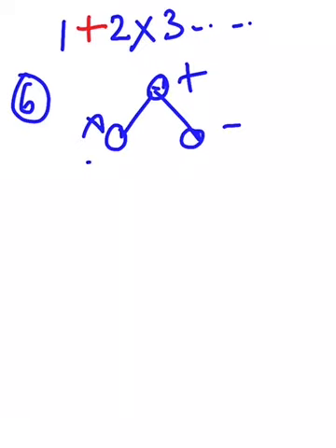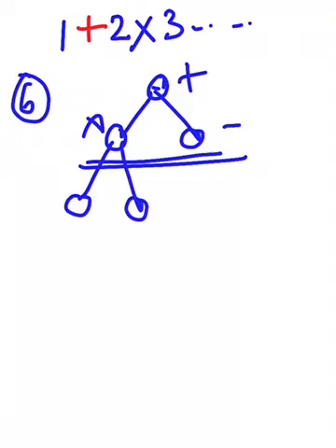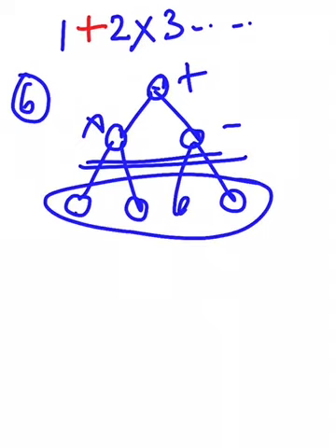So I completely exhaust this level. Then I have other nodes here. I exhaust all the nodes here and so on. So that is why it is called level order traversal.